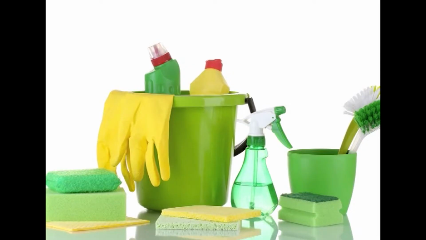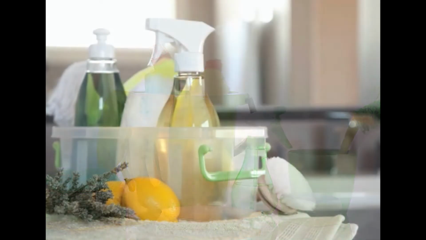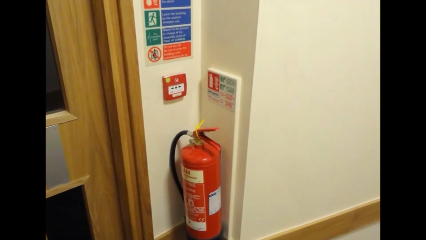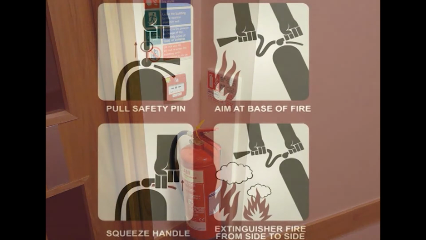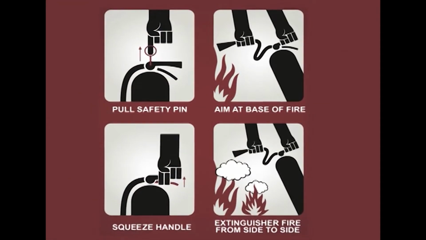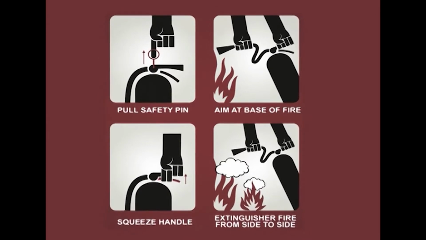The cleaning liquids should be placed in separate areas, and because of mops and brooms, tripping also commonly occurs. Another important aspect is that proper fire extinguishing facilities should be there, because if they are not available, then in case of fire accidents, major problems can occur.